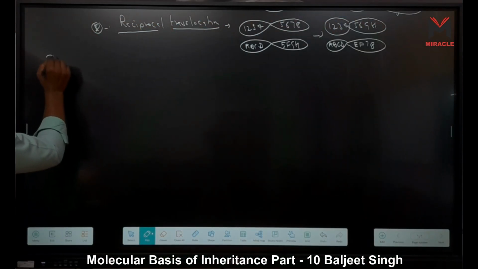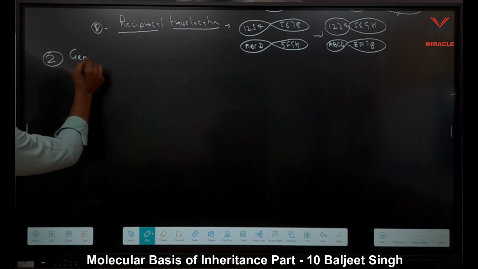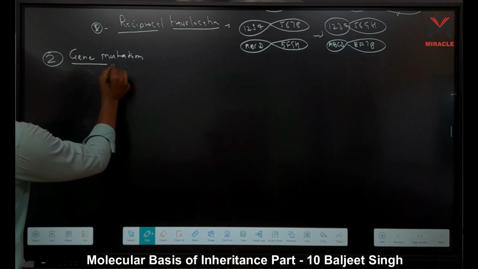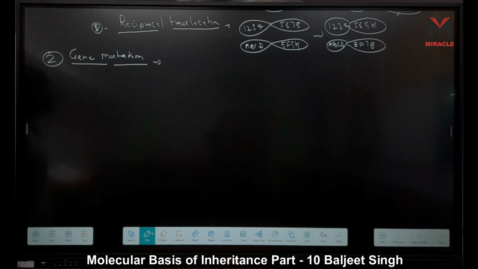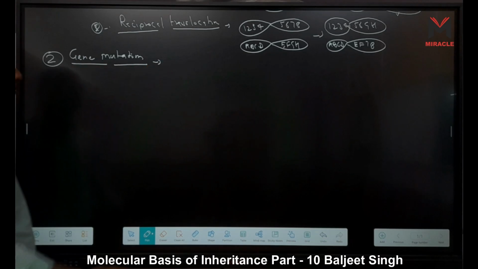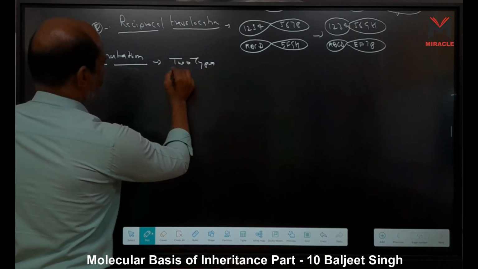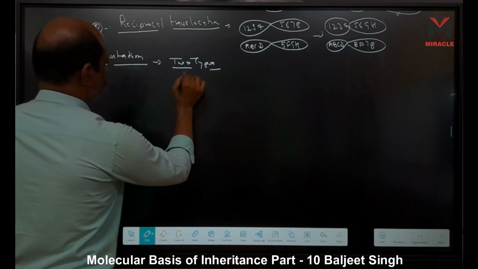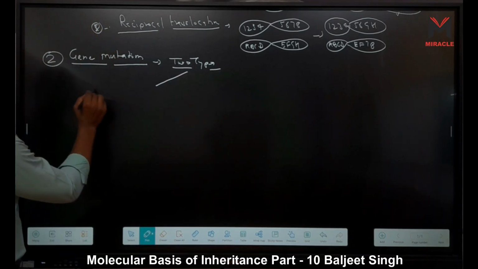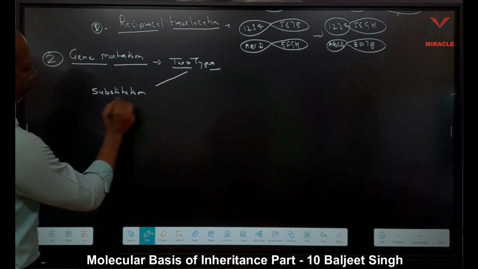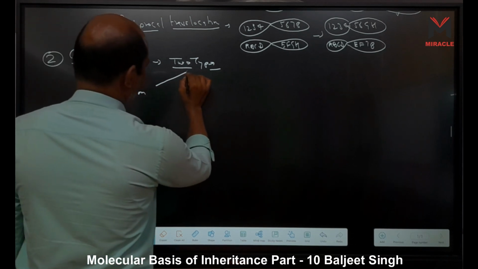Now this is the second, gene mutation. Gene mutation has two types. The first one is substitution and the second one is frame shift mutation.